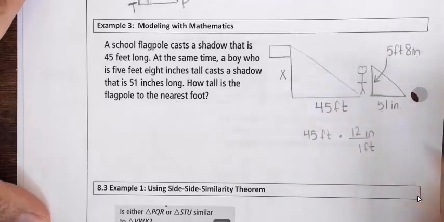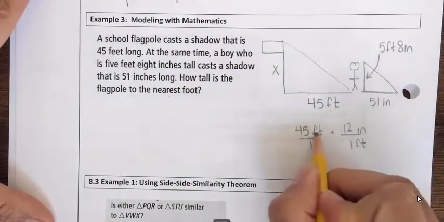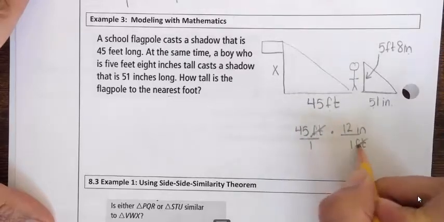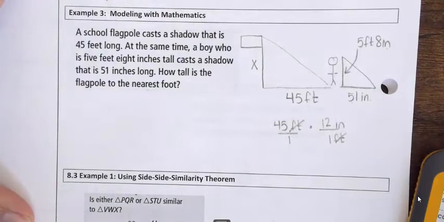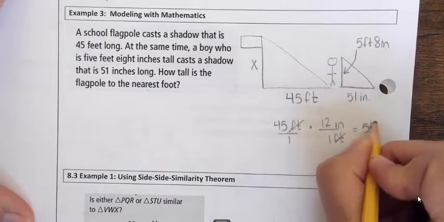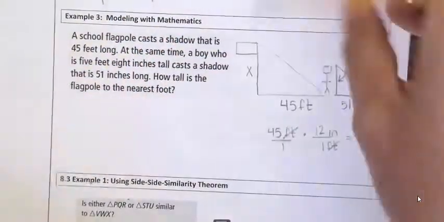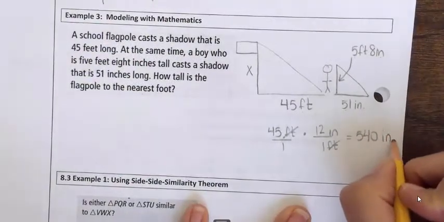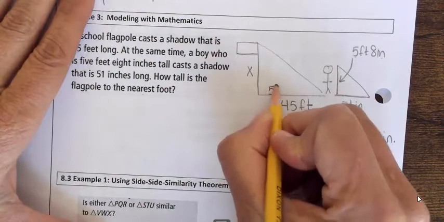Well, there are 12 inches per foot, so the feet units reduce, and this is 45 times 12, which gives me 540 inches.